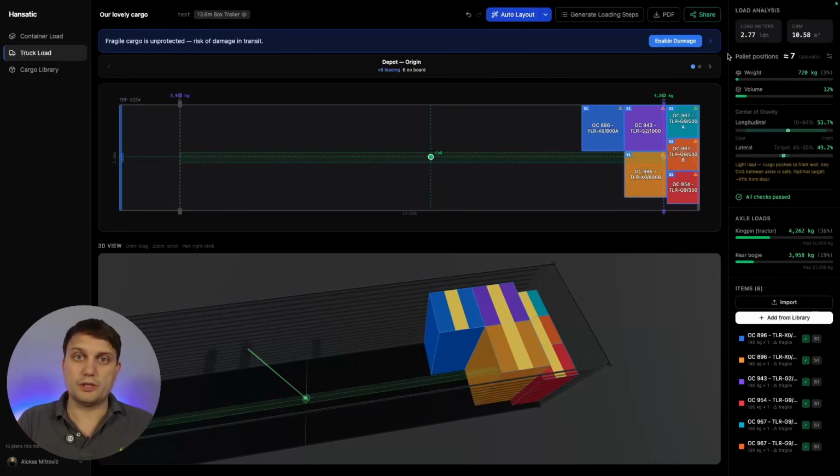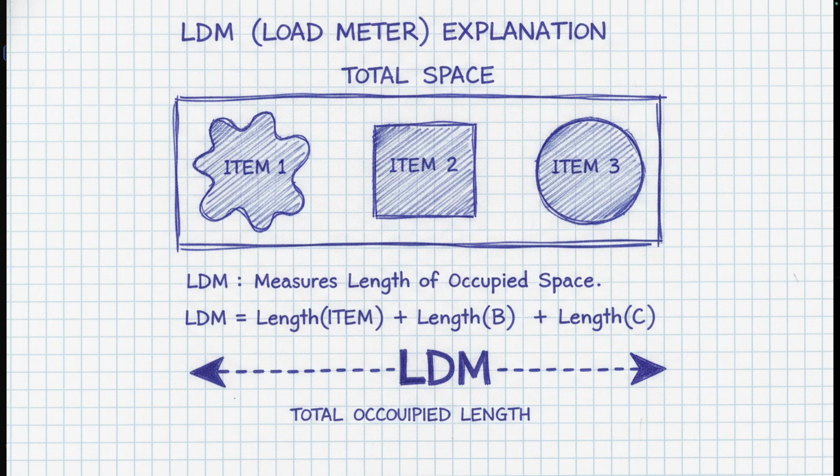Okay, before we look into the examples, let's look at two different business units that are driving the most groupage pricing in road freight. The first one is load meter, or LDM, and load meter is basically how much of the length of the trailer your cargo occupies.